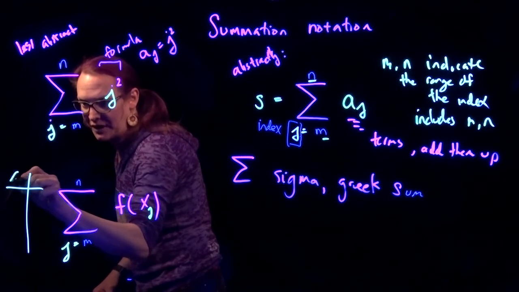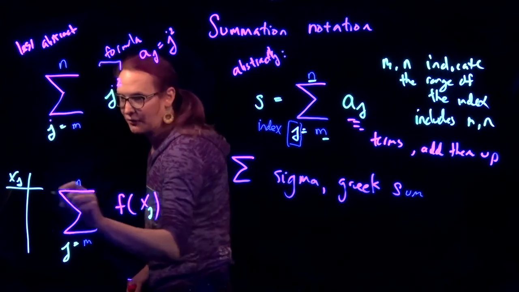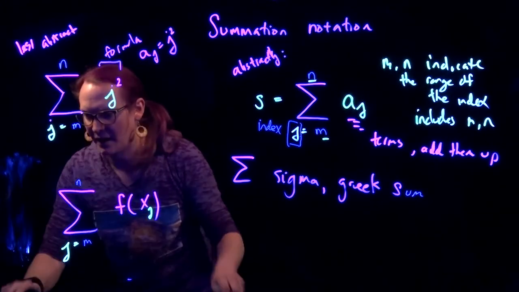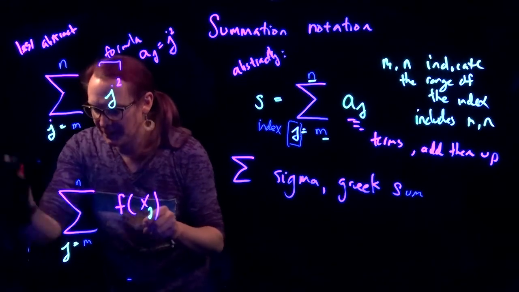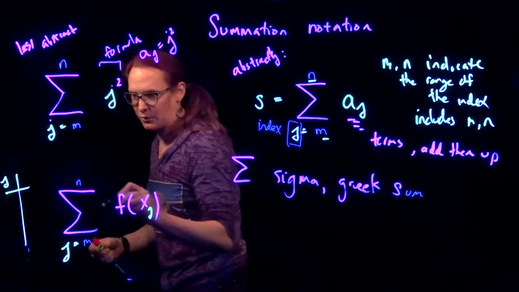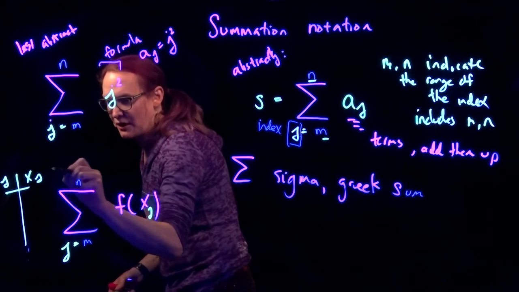I must also have a table of x sub j's. I would have a table of, say, j values, and then I would have x sub j values.